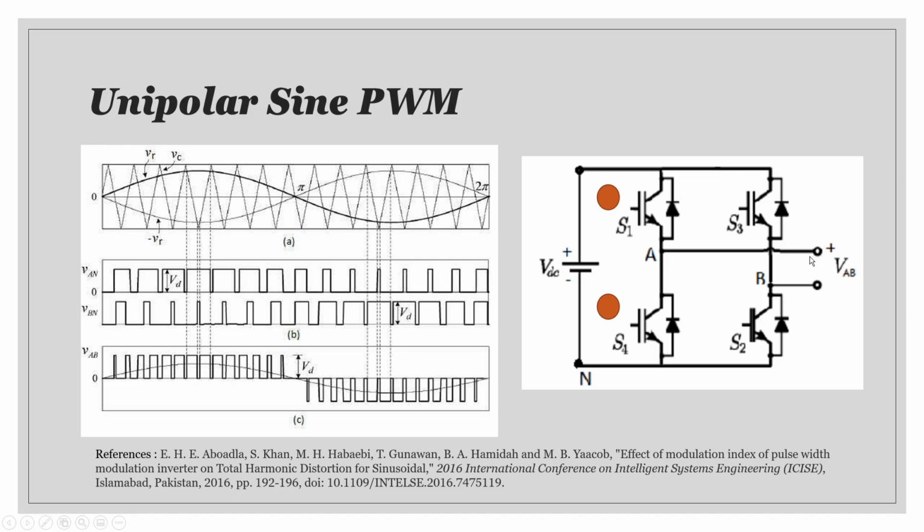But if we just follow this theory, when the switch is turned off and the load is inductive, in my case the load is a motor, the current in the motor inductor will be like freewheeling.